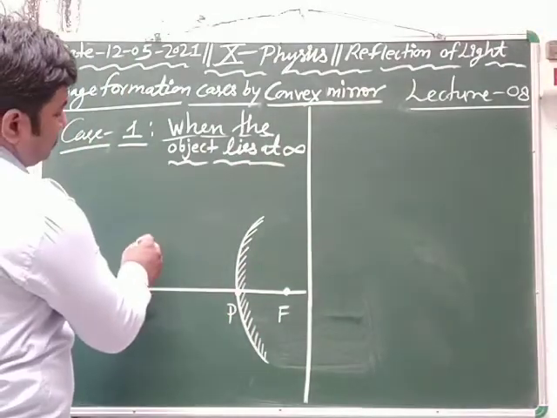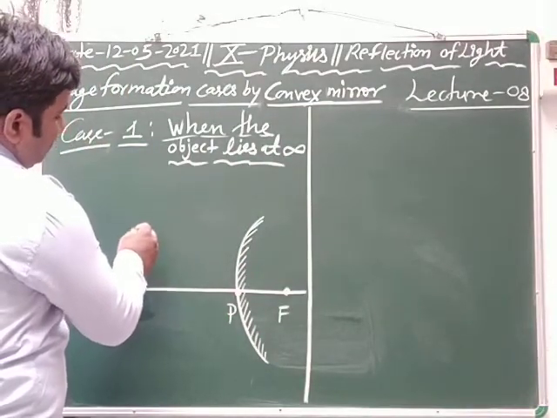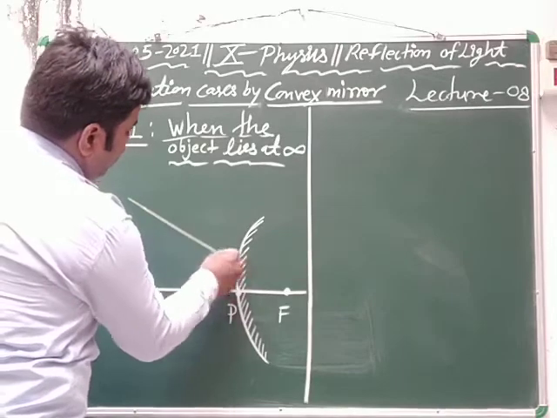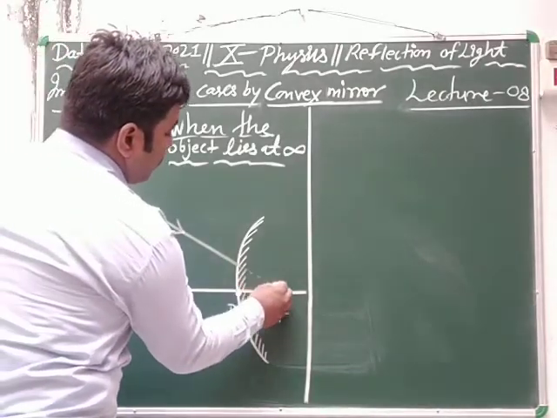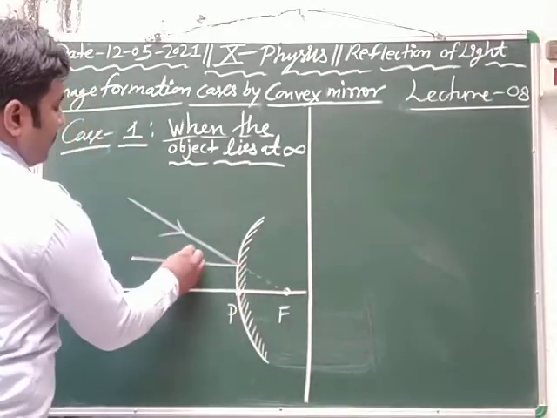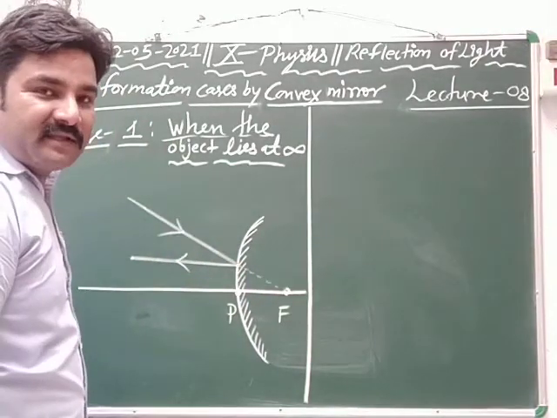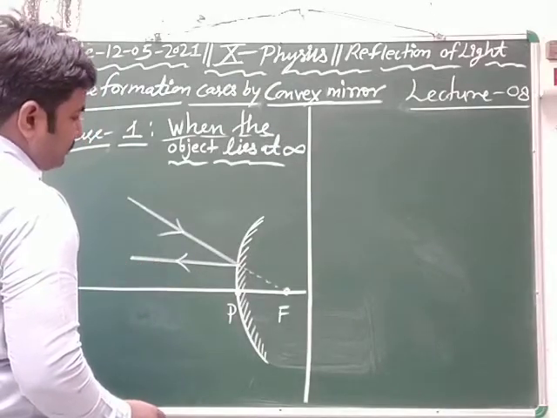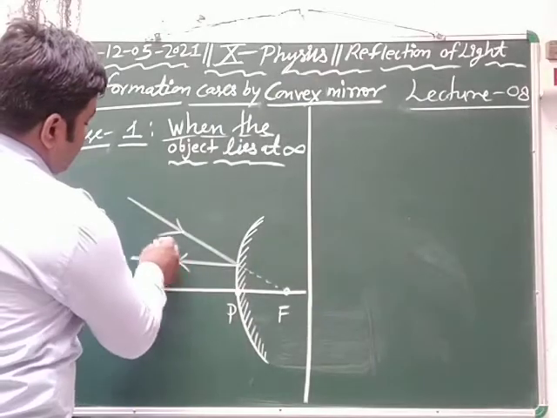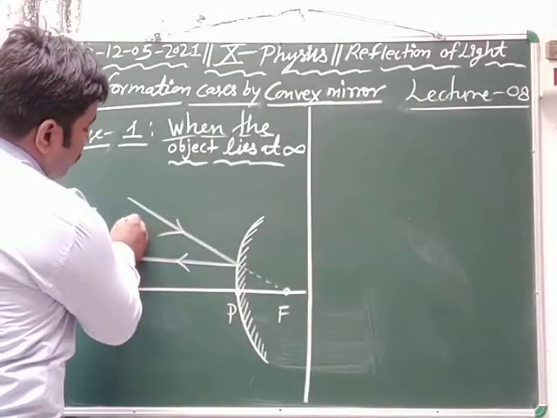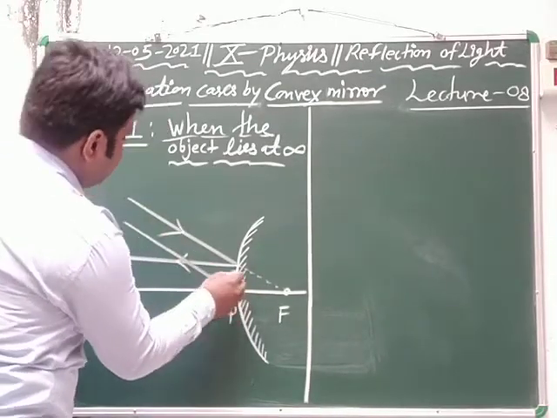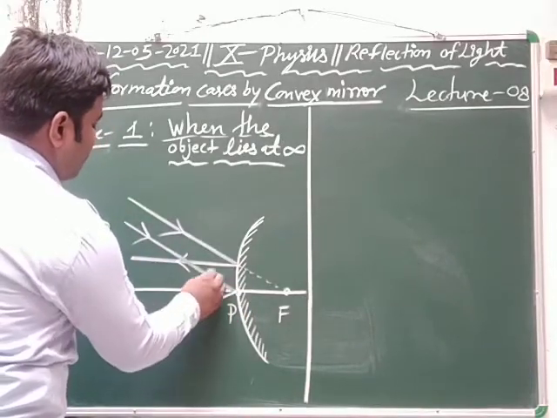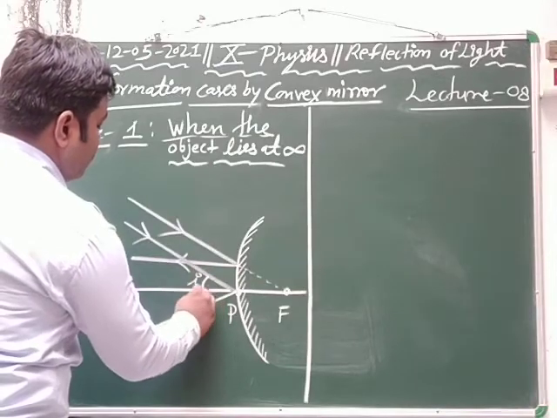So one, just like coming along focus, and after reflection parallel to the principal axis, the rule as I explained. And the second ray we will take incident at pole, then after reflection follows the laws of reflection, that is angle I equal to angle R. Clear?